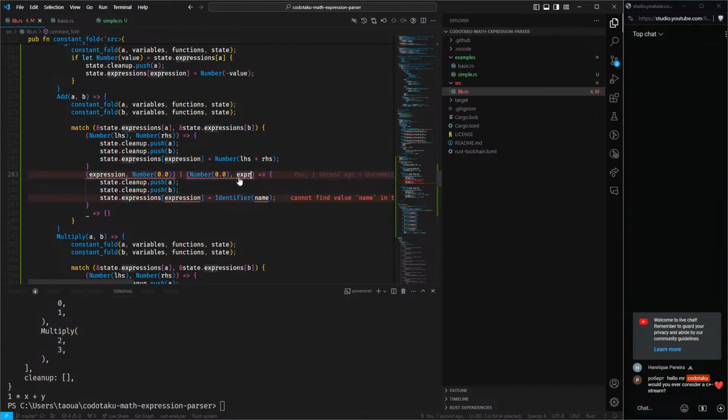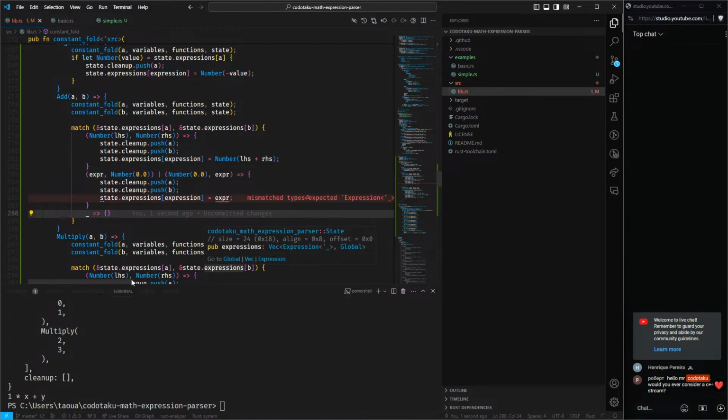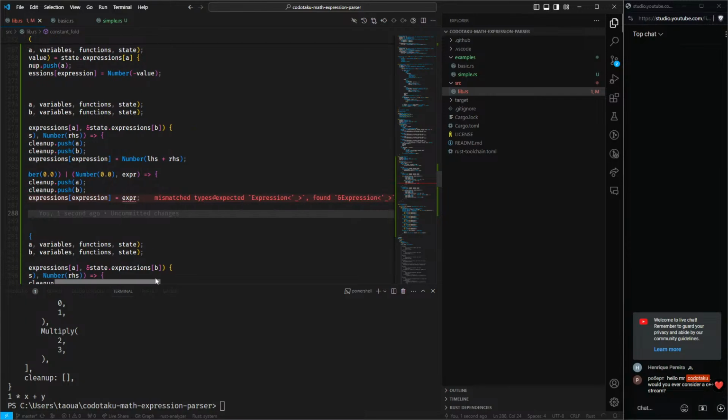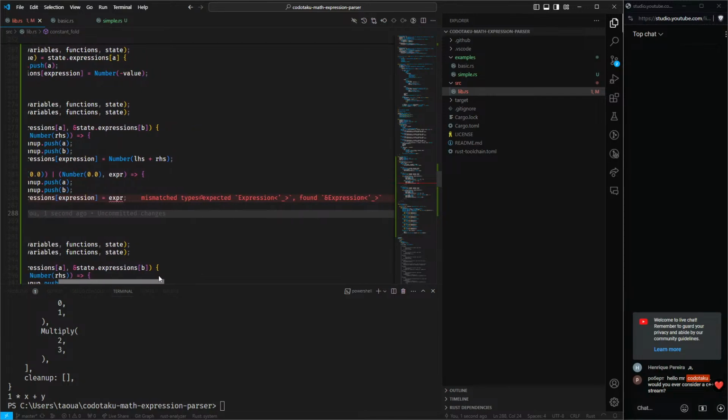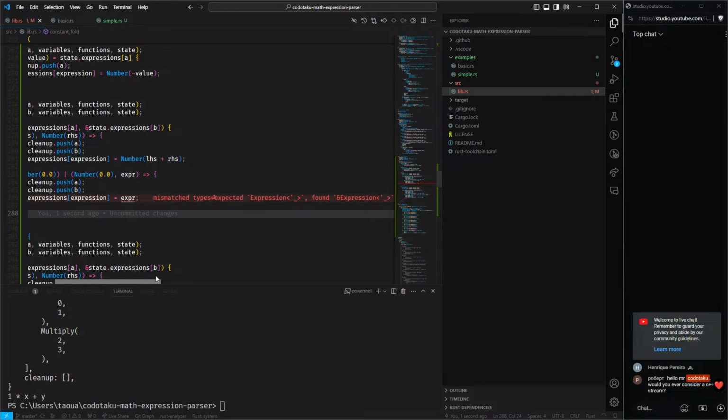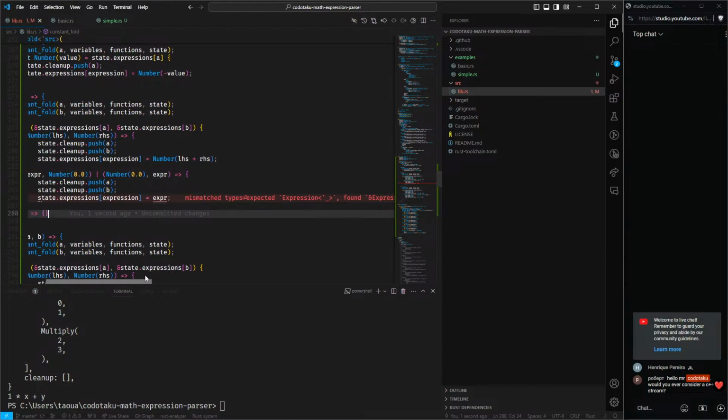All right, let's call it XPR then, or I don't know. Anyways, and we could just make it XPR directly. Mismatched types, expected expression, found reference. Expected expression, found reference.